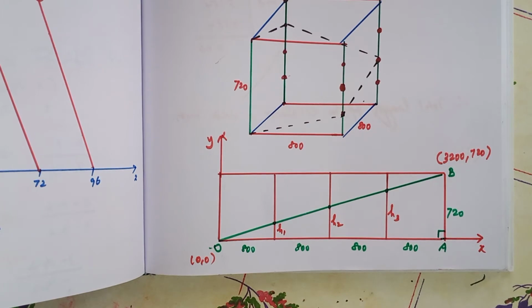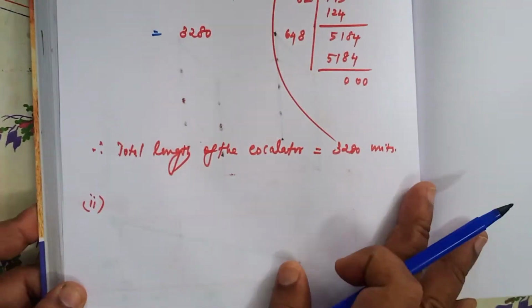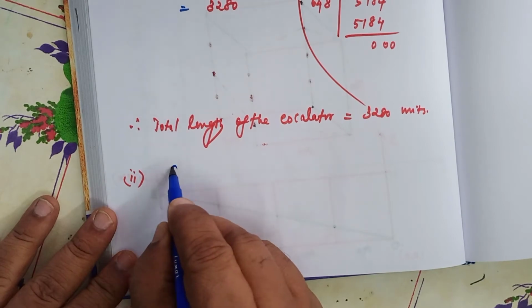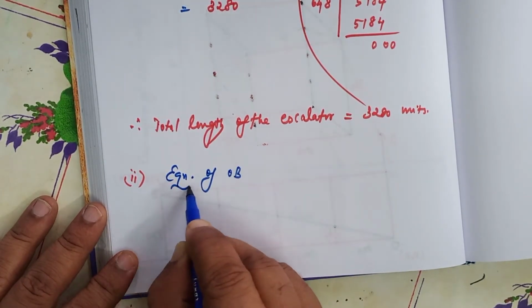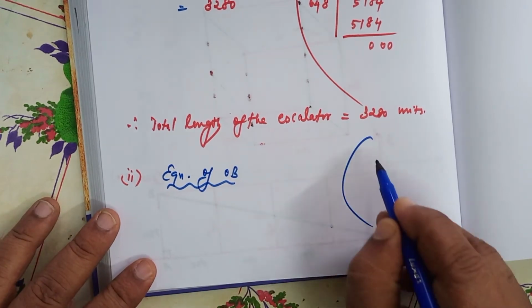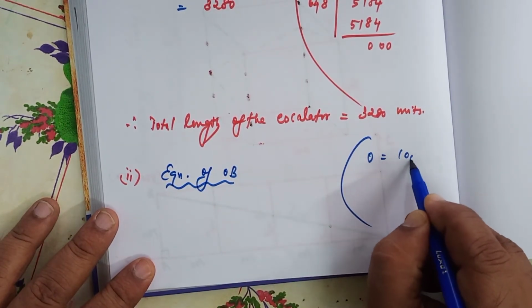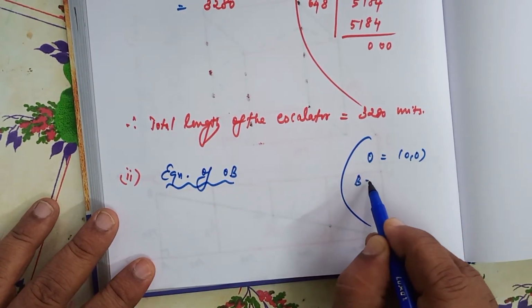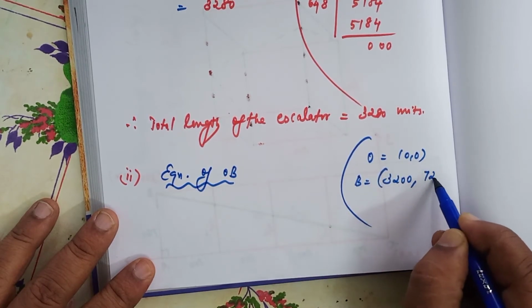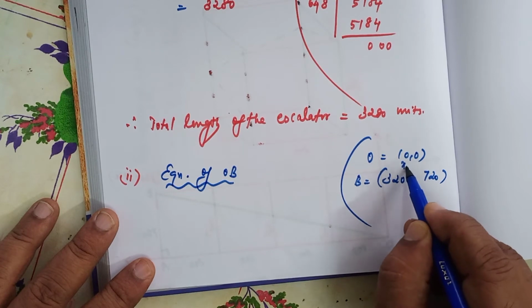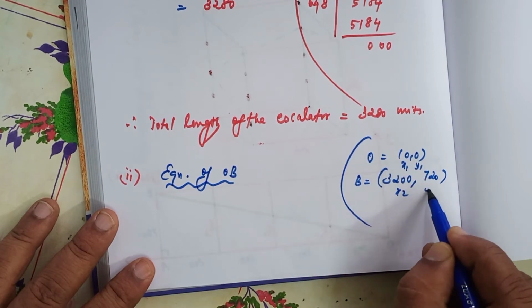So equation of OB. Here O, that is origin 0, 0. B, that is 3200, 720. Considered as x1, y1, x2, y2.